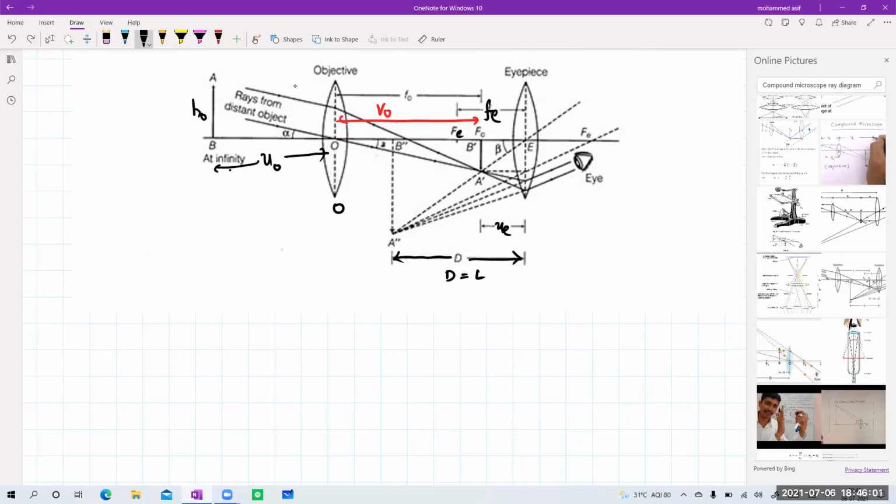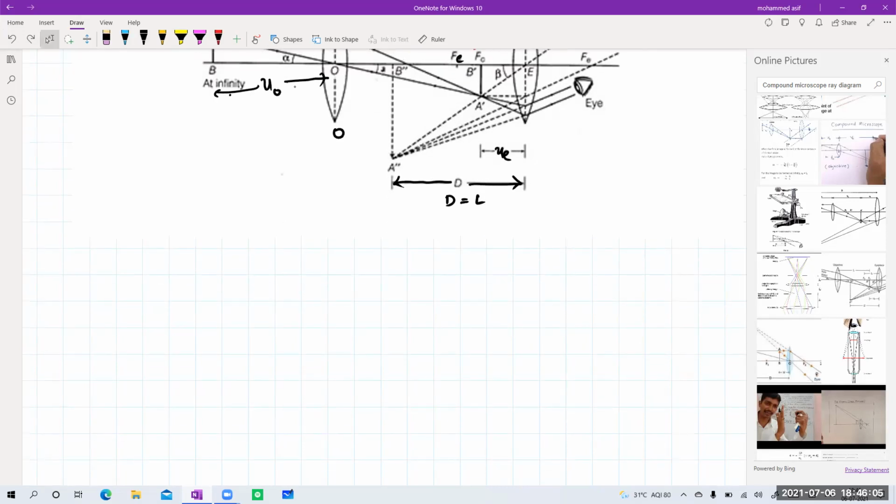Clear? So if I'm writing the magnification of your objective, now tell me what will be the relation? The magnification of your objective will be equal to, for the objective the image is formed down, so it is minus A dash B dash divided by the size of the object. So it is equal to V divided by minus U naught.